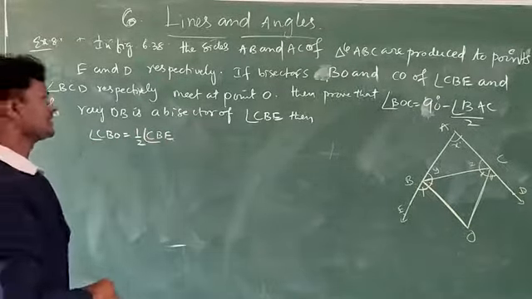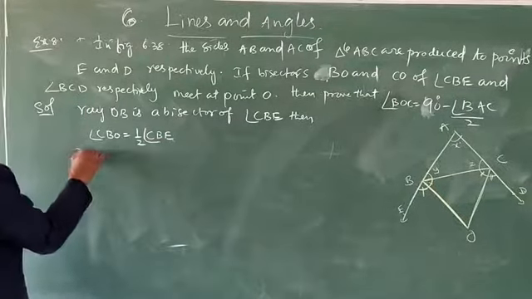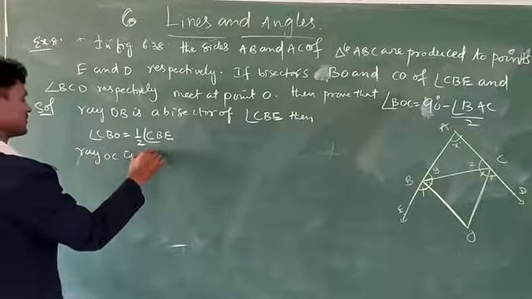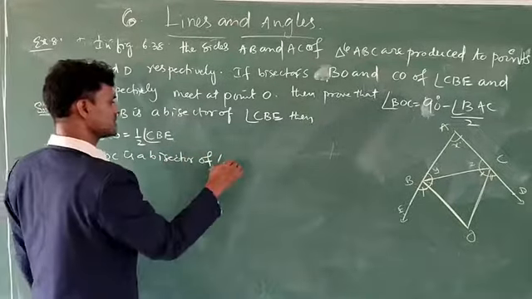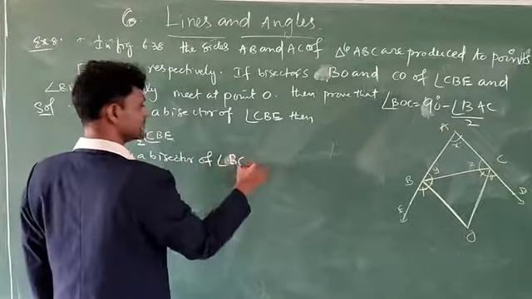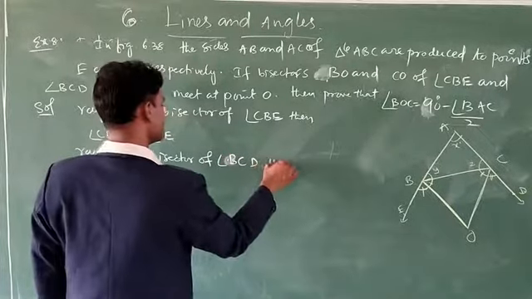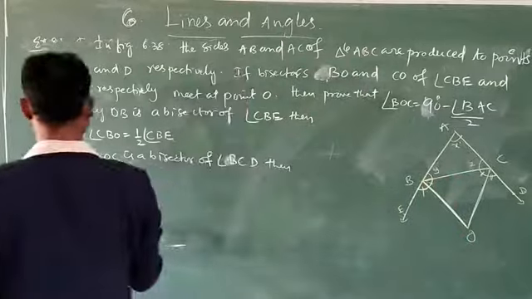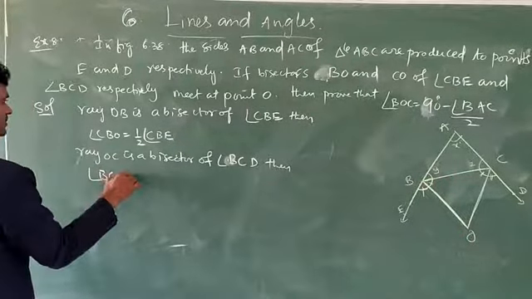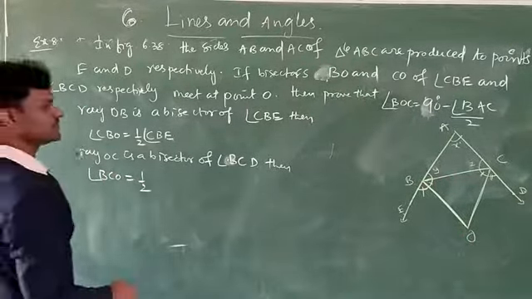Now see here, at the same time, ray OC is a bisector of angle BCD. Then angle BCO is equal to half of angle BCD.